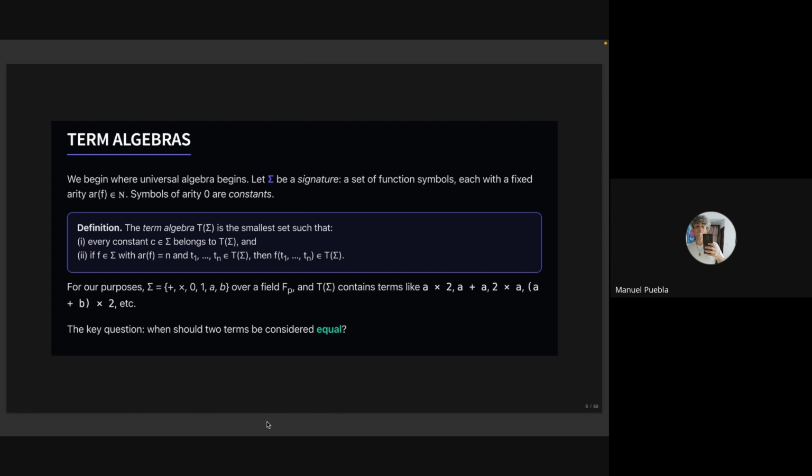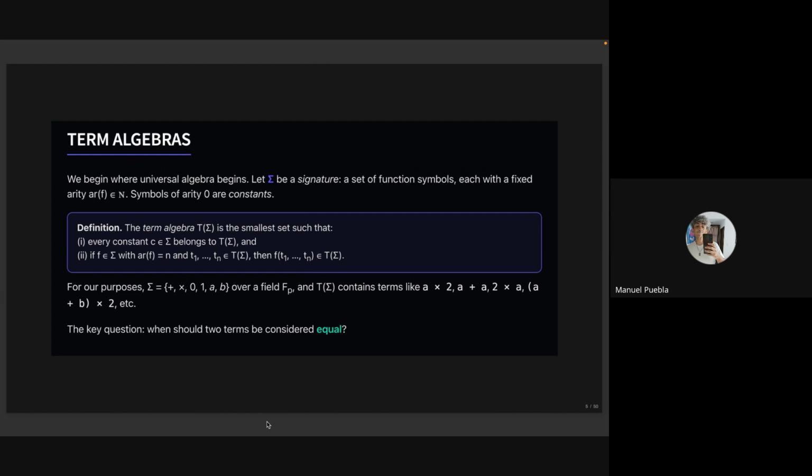Functions with arity 0 are constants. So we have a term algebra, which is the smallest set containing all the constants. And whenever we have a function with n inputs and we feed it n terms, then we have a new term in the algebra. Okay, for our purposes, we have a signature for FP, and that contains all the usual constructs that you learn in elementary school, say.